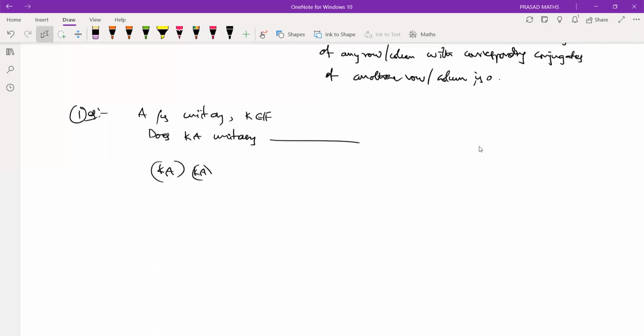K A into (K A) whole theta. That means K into K bar into A A theta, and K into K bar is nothing but mod K square, while A into A theta is nothing but I, because A is unitary.